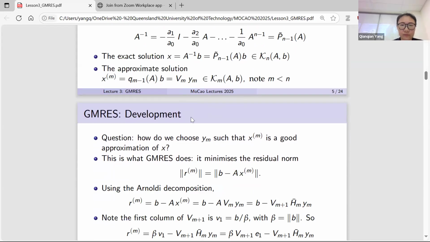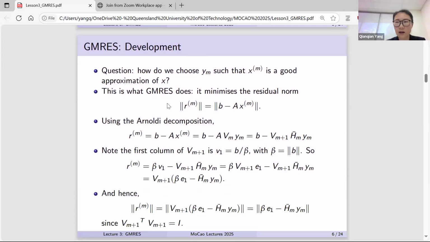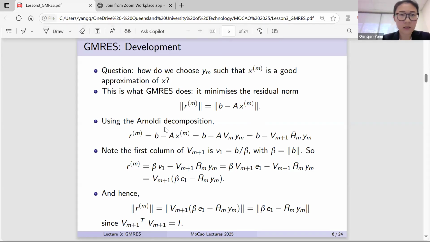Okay, so that's our next slide here. Just to remind everyone, this is what GMRES does. It's trying to minimize the residual norm. Our residual norm is simply the norm of B minus A Xm. And we use the Arnoldi decomposition. Let me just write this down.